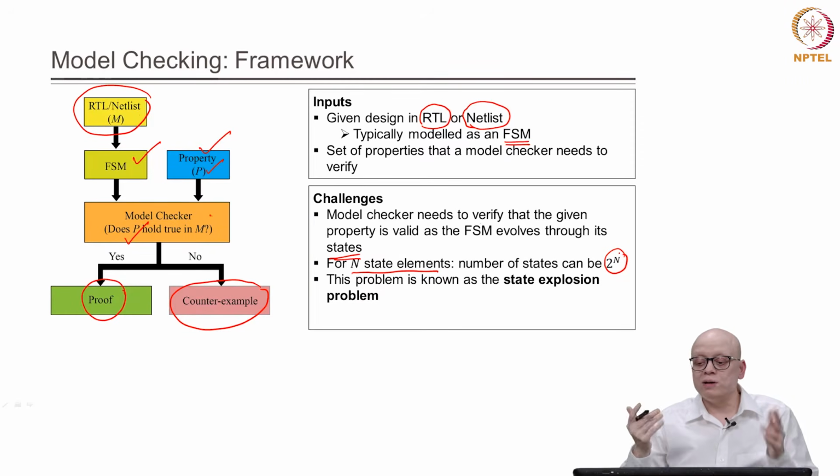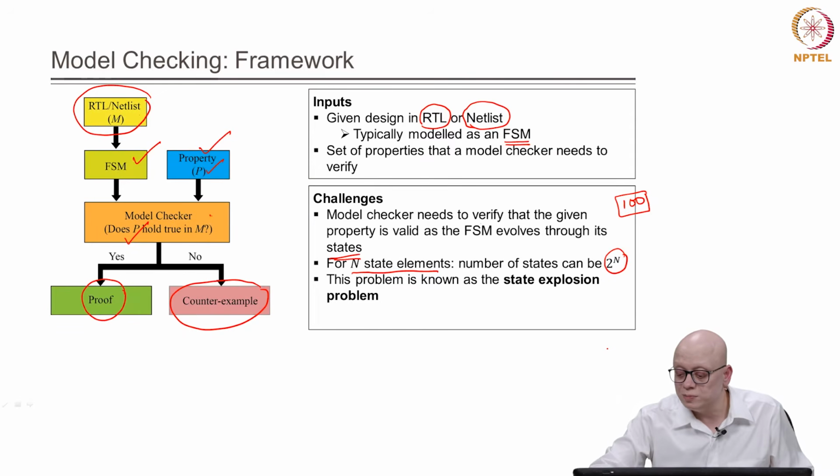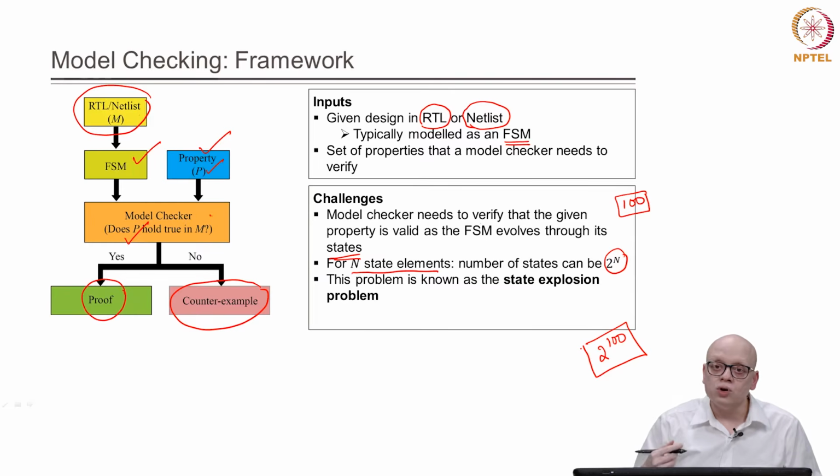For example, say there are only 100 flip flops in our circuit, then the number of states that are possible will be 2 to the power 100, and by going through each of the transitions through each of the states, it is simply impossible to verify that our given property is valid for our design or FSM.